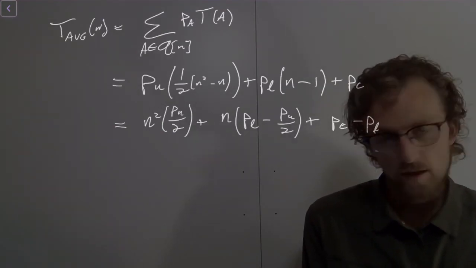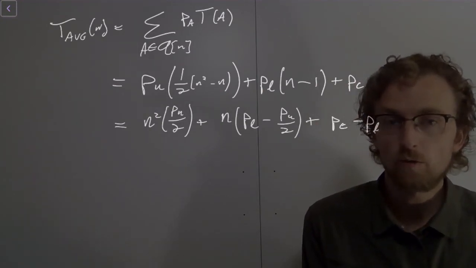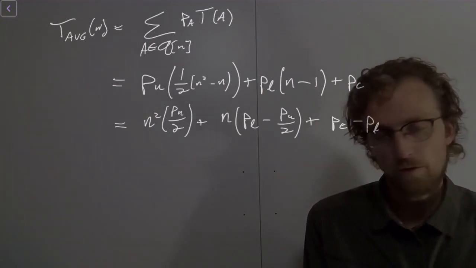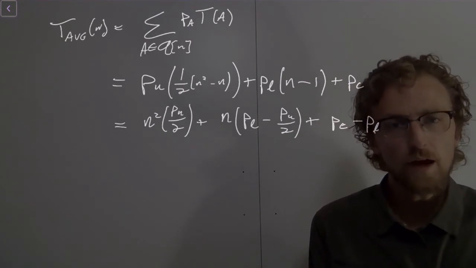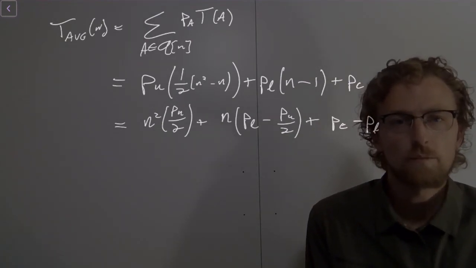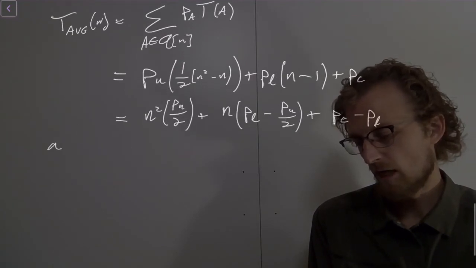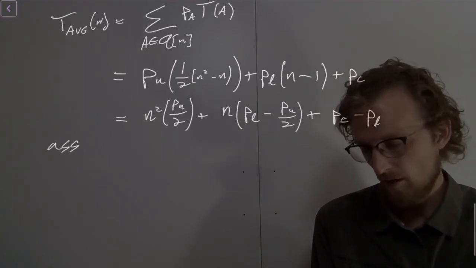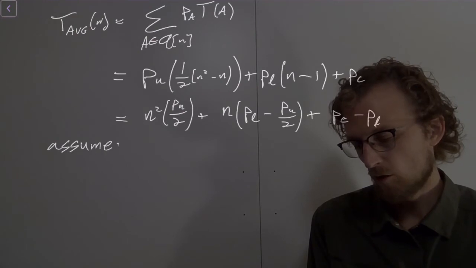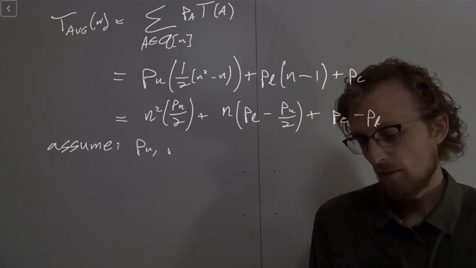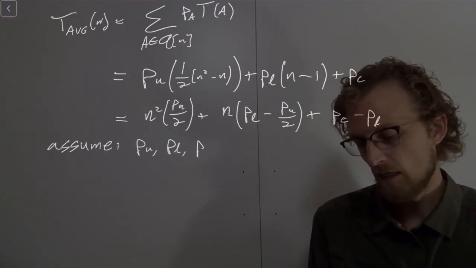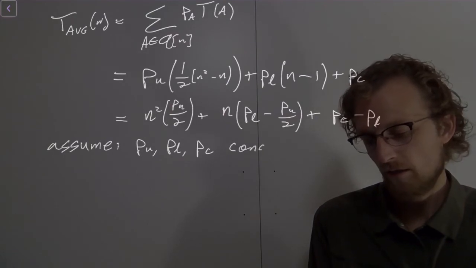I'm not going to try to claim that this is the right assumption to make, but for now, to make the math tractable, we're going to make this assumption. This is actually a critically important assumption: PU, PL, and PC are constant in n.